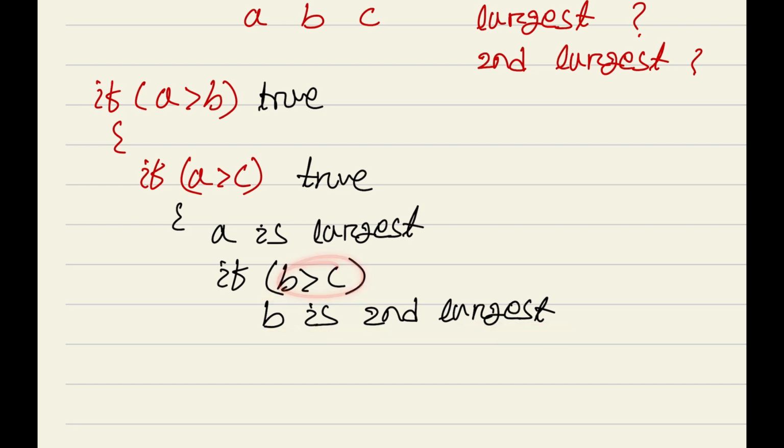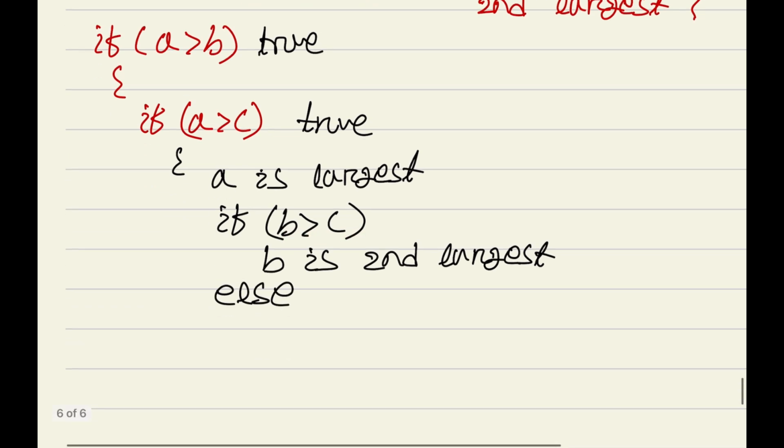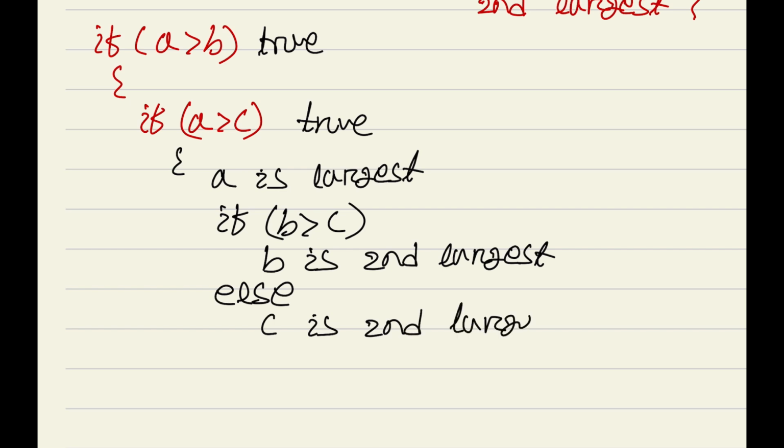And when this is false, that means C is greater, so we can say C is second largest. So in the else part we can write C is second largest. So this part is complete.